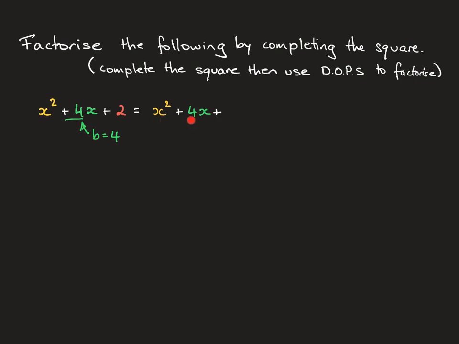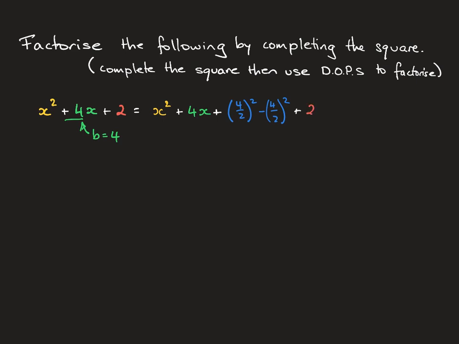x squared plus 4x. Now we're going to add in our b on 2, oops, not b, our b is 4. So we're going to add in 4 on 2 squared. We're going to take away 4 on 2 squared. And then we're going to remember that we've got that plus 2 on the end.